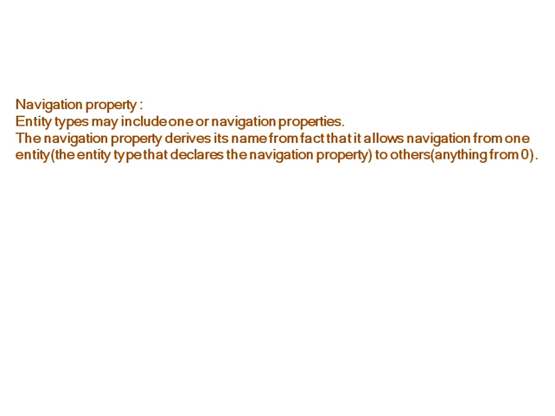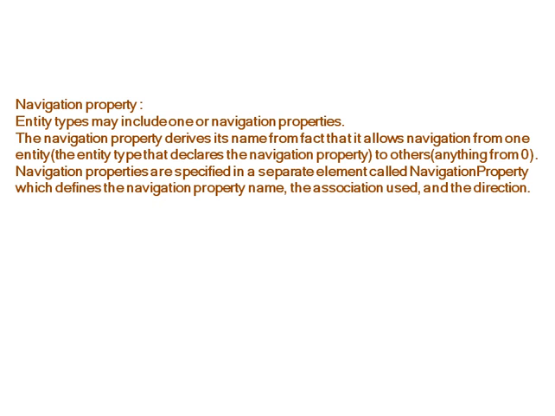Navigation property. Entity types may include one or more navigation properties. The navigation property derives its name from the fact that it allows navigation from one entity to others. Navigation properties are specified in a separate element called navigation property, which defines the navigation property name, the association used, and the direction.